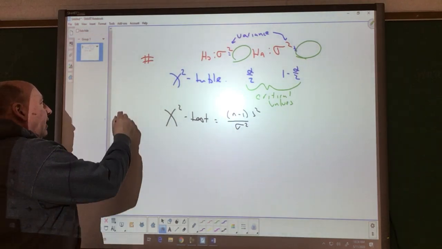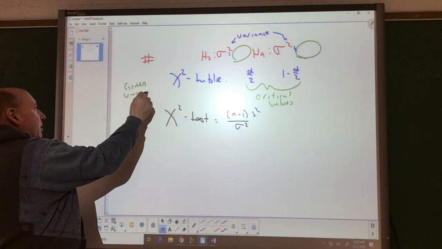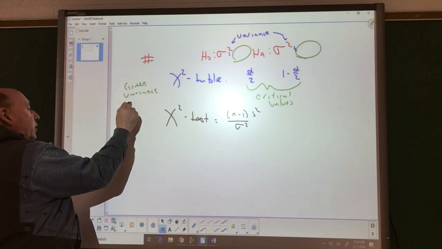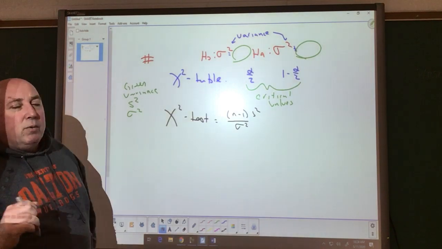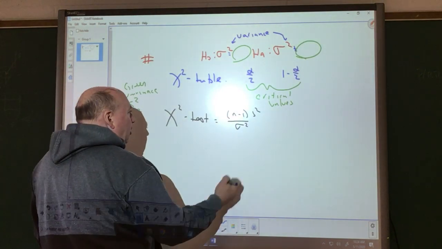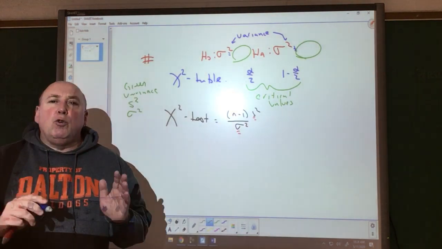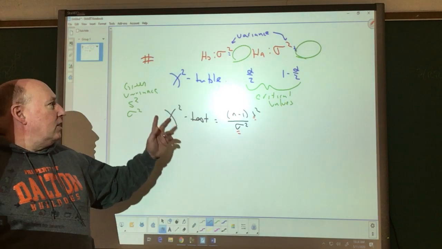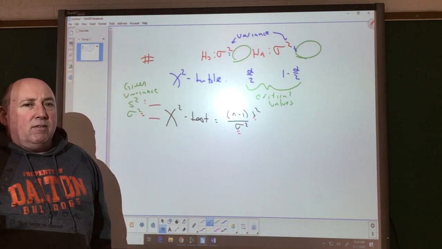You were given the variance, which was an s squared and a sigma squared. That was given to you. So these values here are the values you put in. You do not have to square the values because the squared values were already given to you.